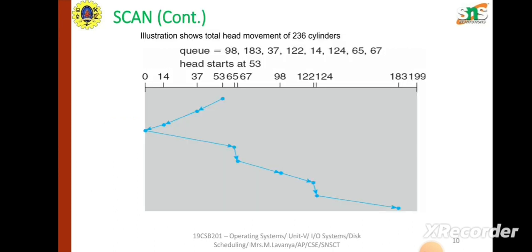This is our example problem: the queue is given and the cylinder head's current position is the 53rd cylinder, and the sequence is 98, 183, 37, 122, 14, 124, 65 and 67. As said, in SCAN the movement will be in one direction.